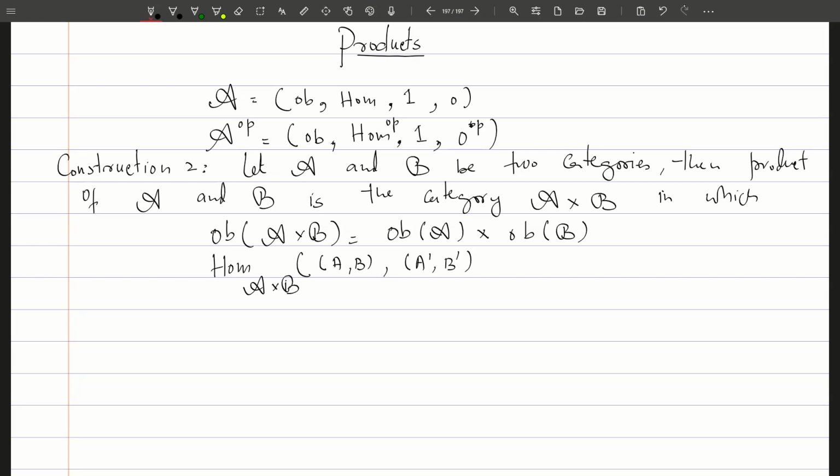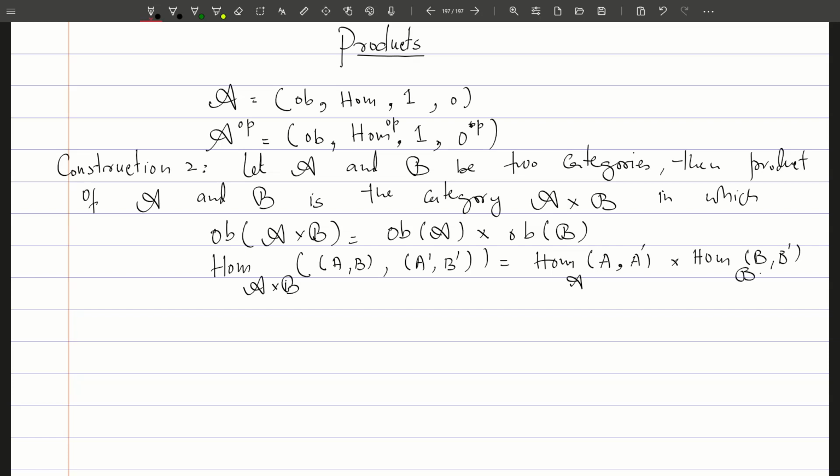A morphism between these two objects of the new category A times B is, when we consider A and A prime, the objects of category A, the class of morphisms in category A, times the morphisms between the objects B and B prime in category B.